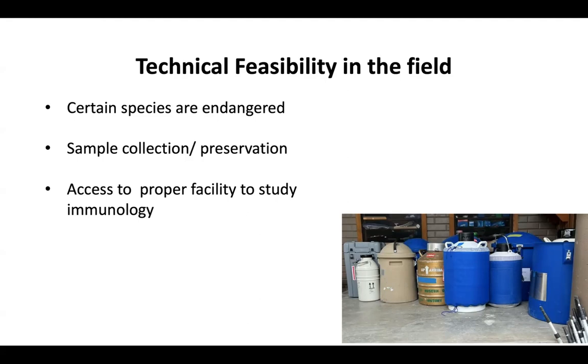If we're able to collect those samples, there's another challenge in terms of the collection and preservation of the sample. The first one being that the immune cells and the immune tissues are very fragile. You have to collect them in a time-sensitive manner, and to preserve them, you have to keep them cold.